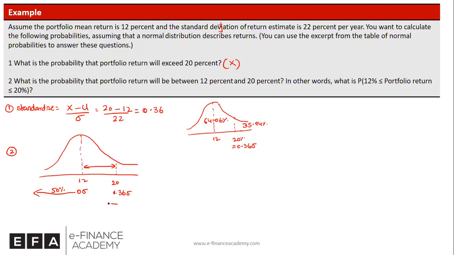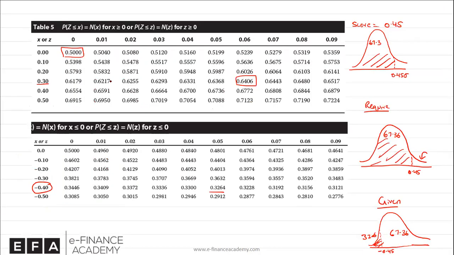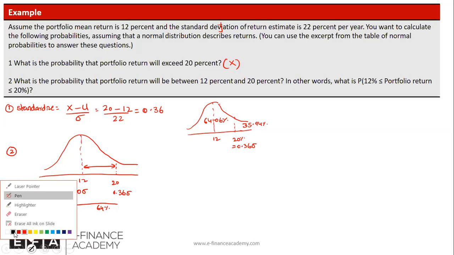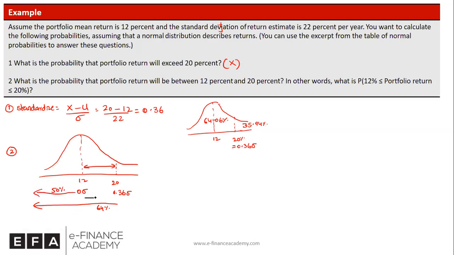How much data falls below 0.36 deviation? Which we already calculated. We can look at it again: 0.36, around 64%. Now the question is, if 64% of the data falls below 0.36 deviations, and 50% of the data falls below 0 deviation, how much data falls between 0 deviation and 0.36 deviation?